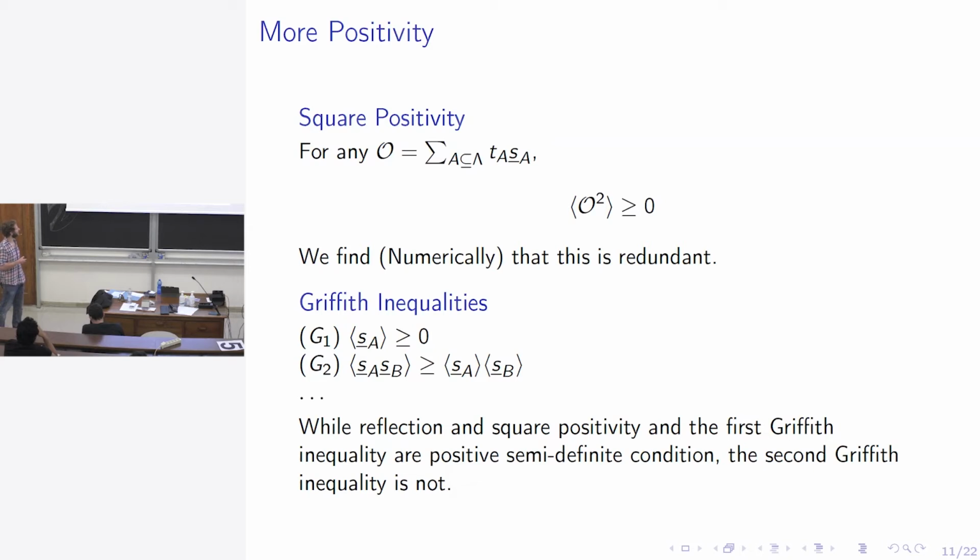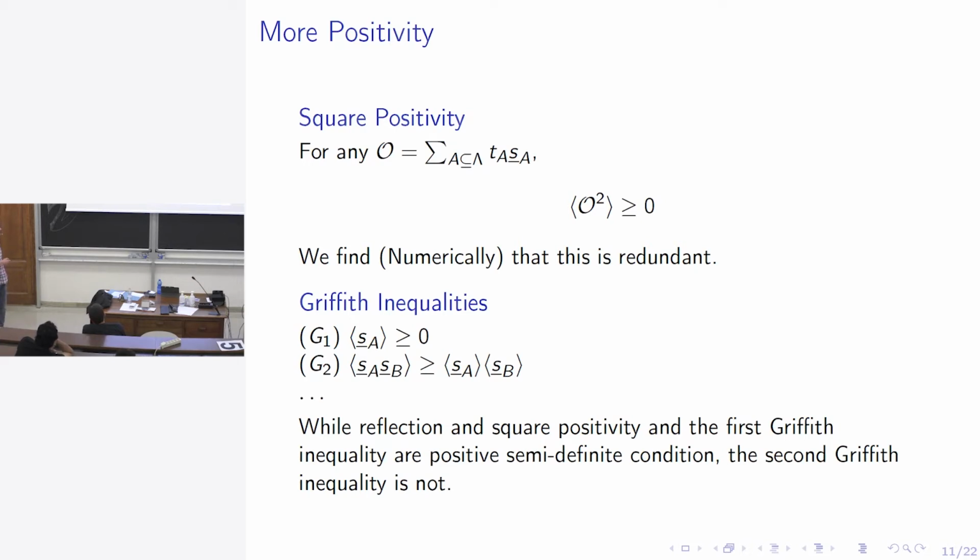This is an infinite set, or at least a big set of inequalities. Actually, I'm not sure if there are a finite number of them or infinite number. I don't remember. But the first two are these constraints. First, all of this is for positive h as well. If we flip h, there's some trivial restatement of this. So all of the expectation values are positive. And second, we have this constraint that if we break up an expectation value of some big set of spins into two sets, we get something smaller.